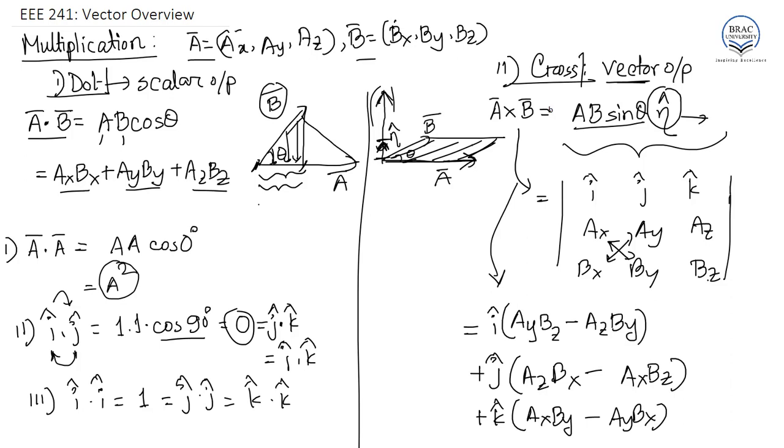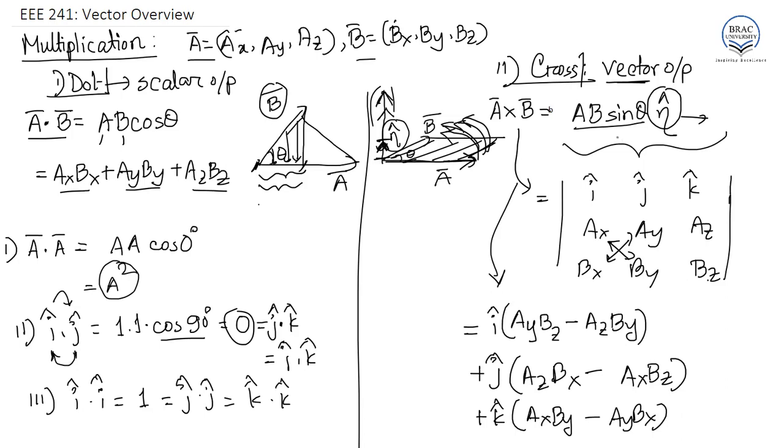And then you start folding the fingers of your right hand towards the direction of B, like this. Okay, in this process the thumb of the right hand will point to the direction of the eta vector. All right, so that's how you'll get the direction of the cross product vector.